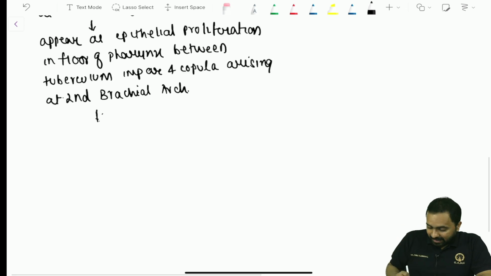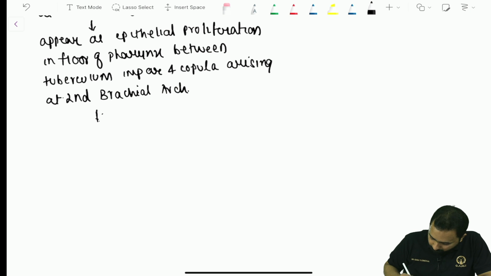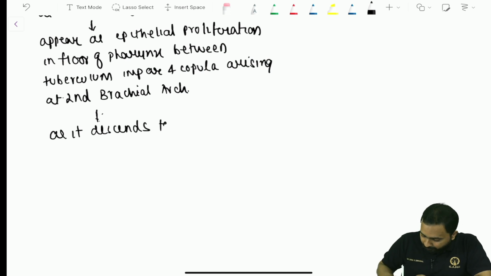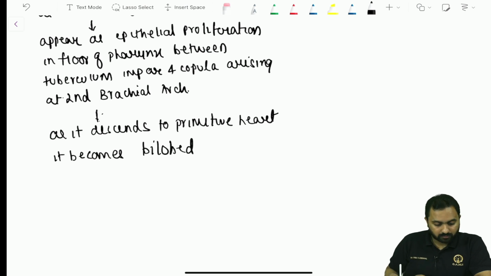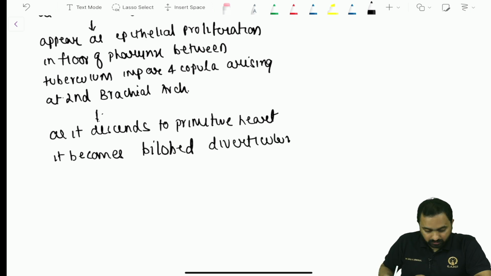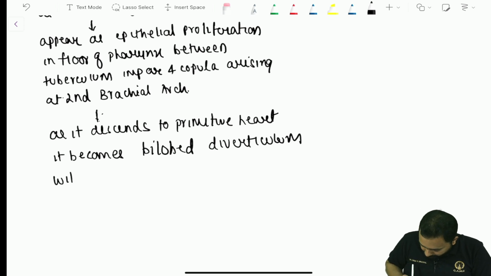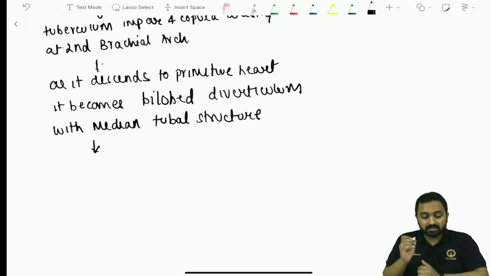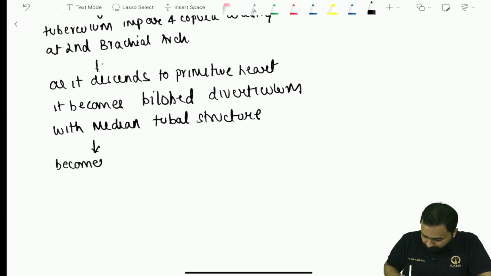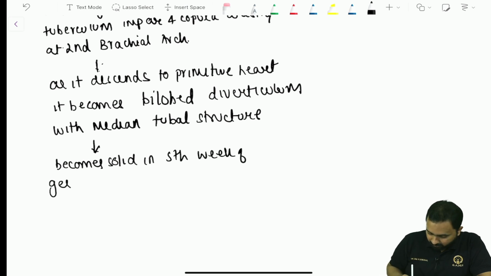Now what happens is that as it descends to the primitive heart, it becomes bilobed. Right. So it becomes a bilobed diverticulum with a median tubal structure. So this median tubal structure becomes solid in your fifth week of gestation.